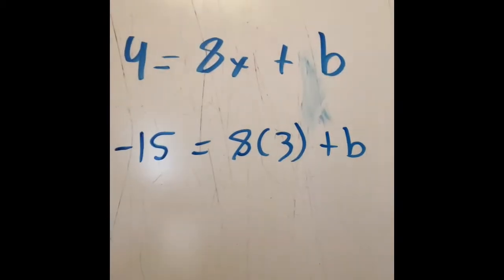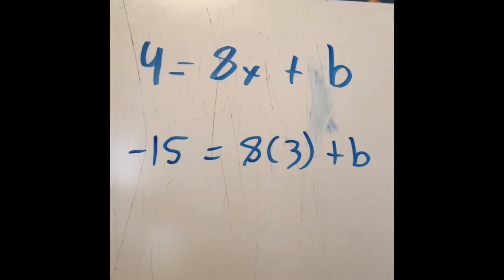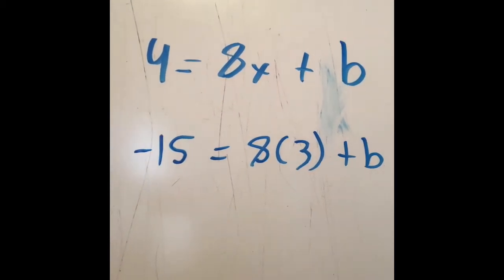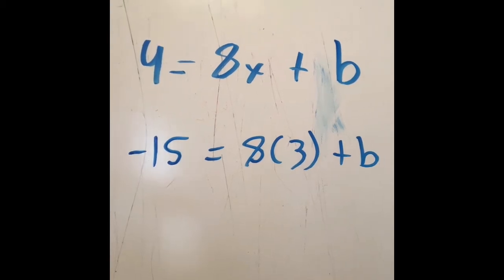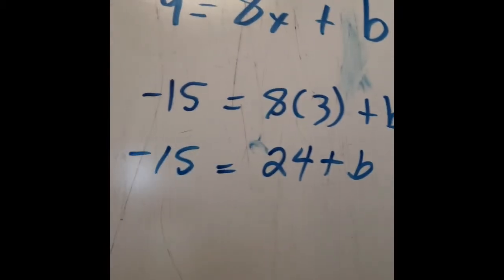Now you solve for b. First you have to simplify: 8 times 3 is 24.